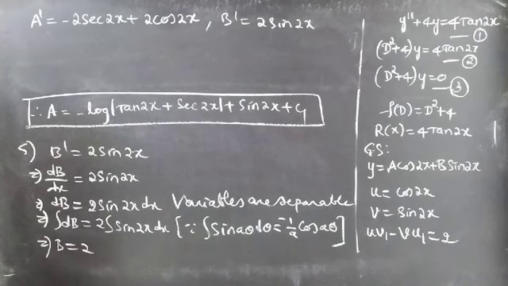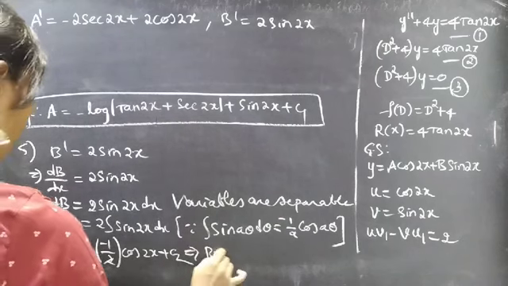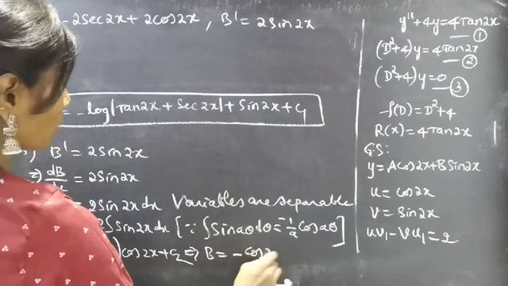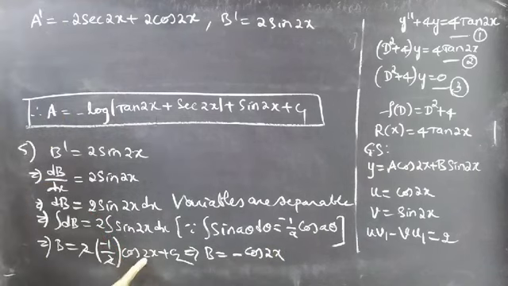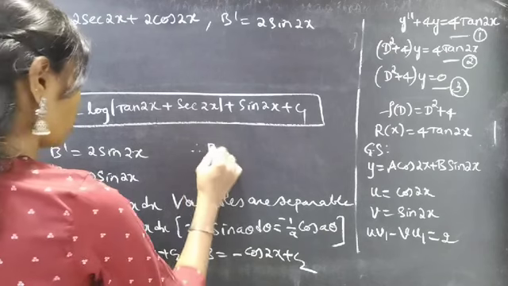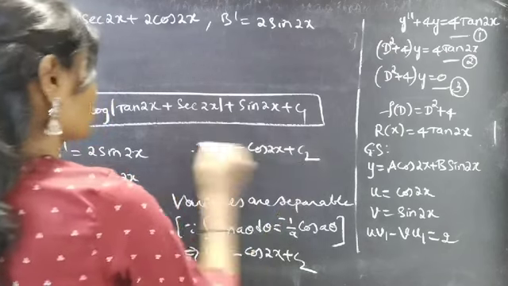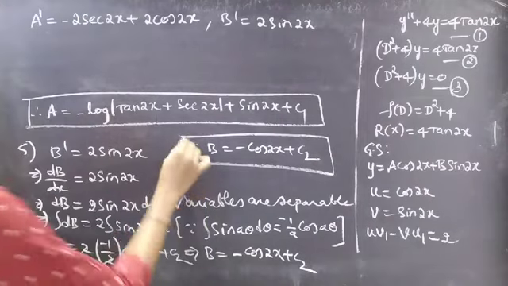For a equals 2 and theta equals x, we'll have 2, integral sine 2x dx is minus 1 by 2 cos 2x plus integral constant c2. Here 2 gets cancelled, and from this we'll get b equals minus cos 2x plus c2. Therefore, b equals minus cos 2x plus c2.